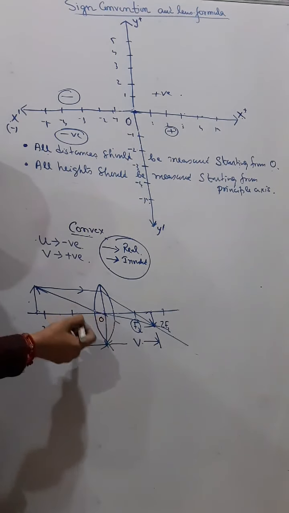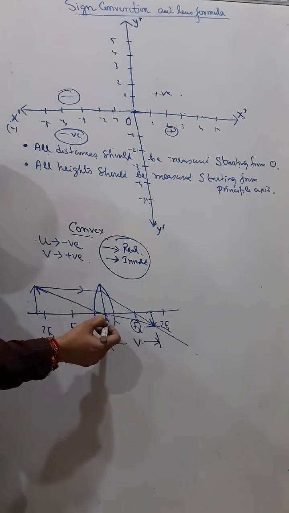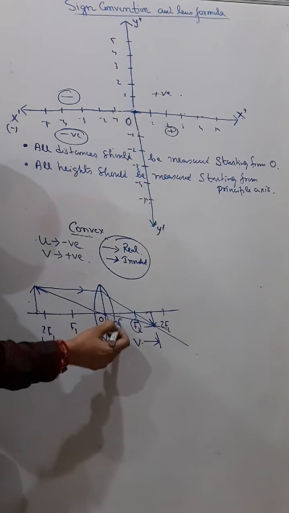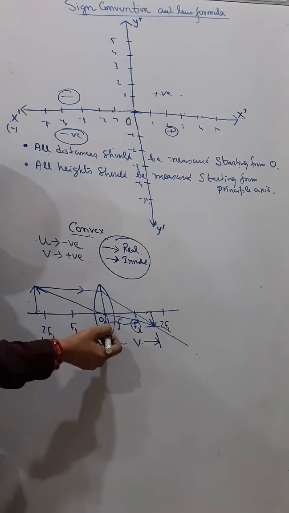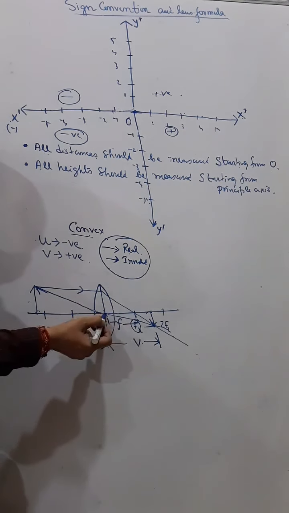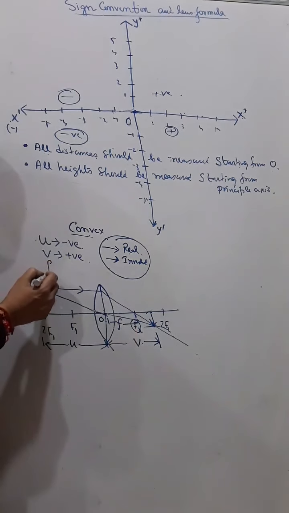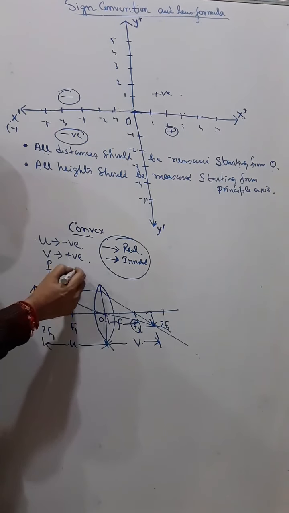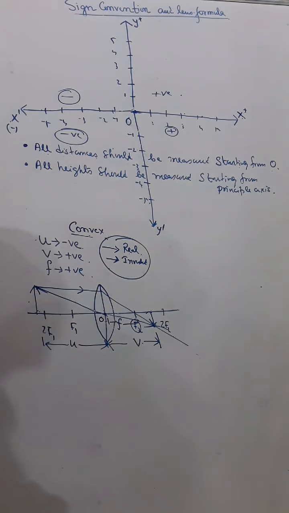So in a convex lens, f2 is this side. So from O to this side, I am going right side. So that means the focal length is also positive. Understand? So that means object distance is negative, image distance is positive, focal length is positive.